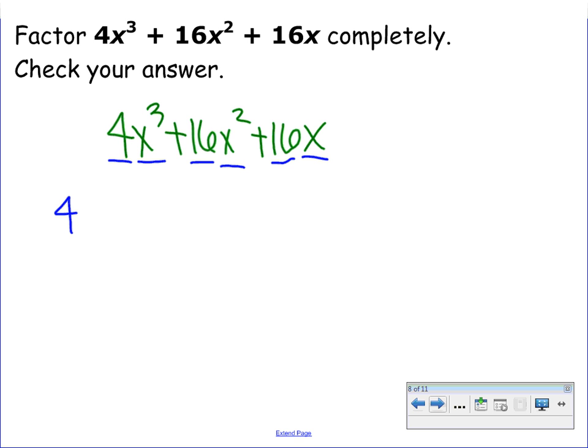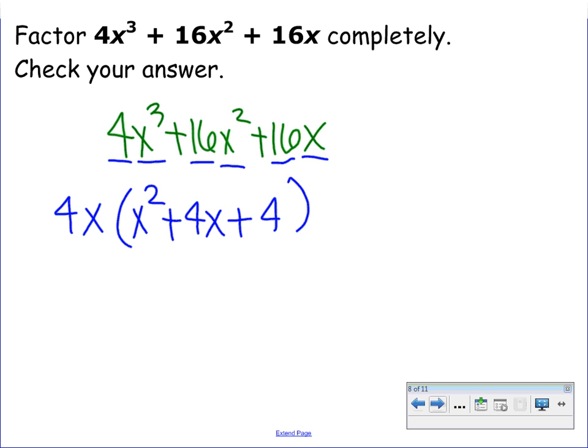At least one x. So I'm going to take out one x, and now I'm going to see what's left. 4x to the 3rd divided by 4x, that leaves me x squared. 16x squared divided by 4x leaves me a positive 4x. And 16x divided by 4x leaves me a positive 4.